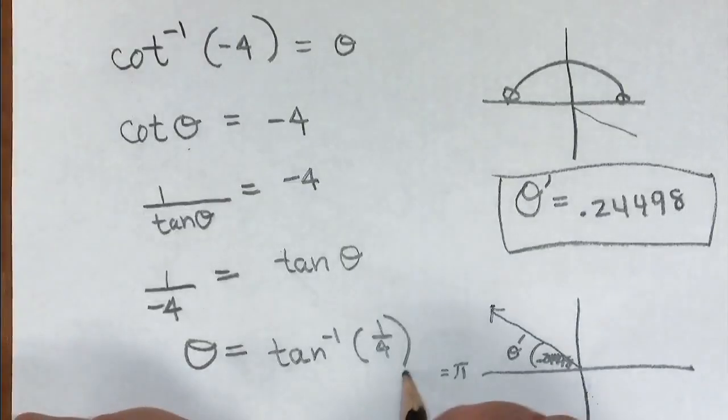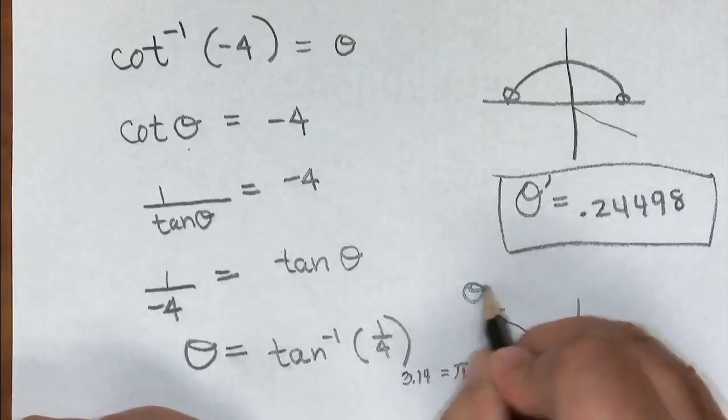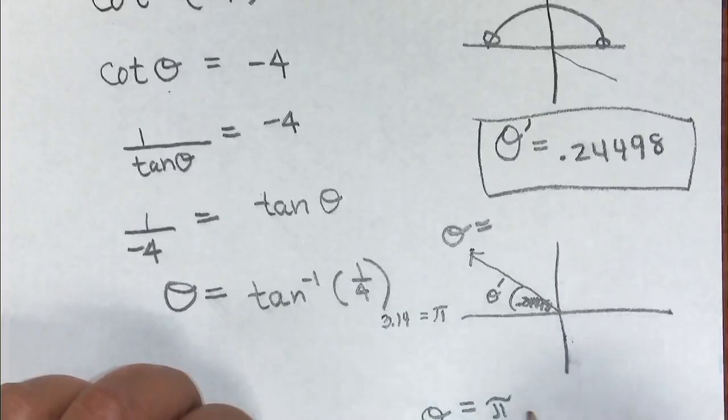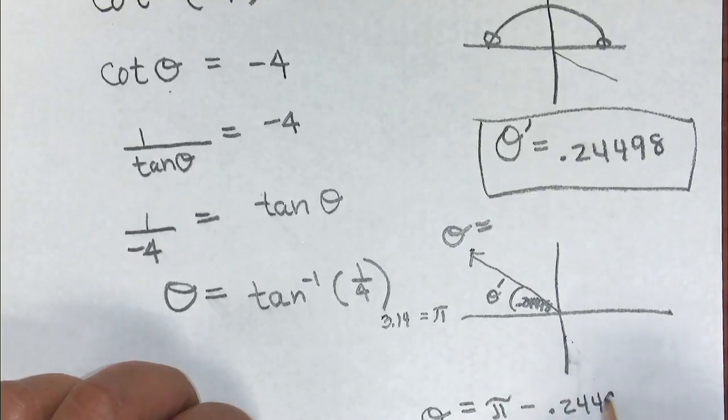You should subtract. So can you imagine what you're doing on your paper? You're trying to find the ultimate final answer to theta. So your answer will be theta is equal to the landmark that I was approaching minus that little itty-bitty reference angle, 0.24498. What's that come out to be?